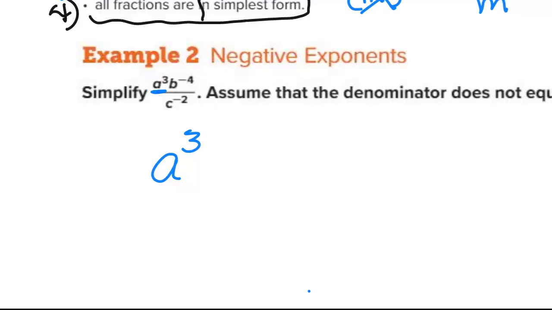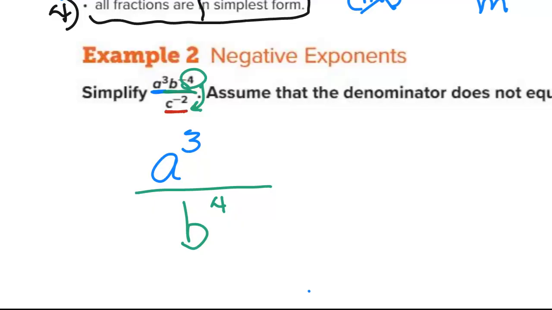That's good. Next up, we have b to the negative fourth. That negative 4 says I am not going to stay in the numerator. So we are going to move it down, and that is going to be b to the fourth in the denominator. And you remove the negative sign. Finally, we have c to the negative 2.